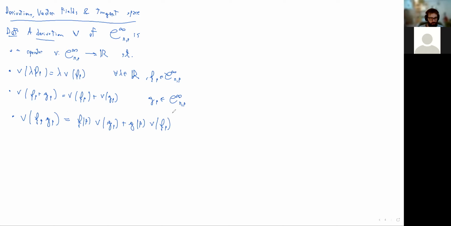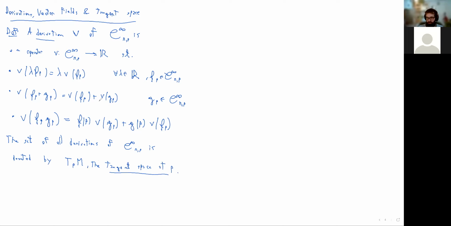Okay, and we say that the set of all derivations of C infinity M_p is denoted by T_pM, and called the tangent space, of course, at p.